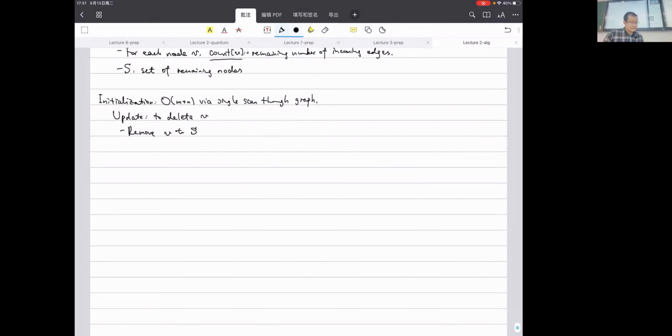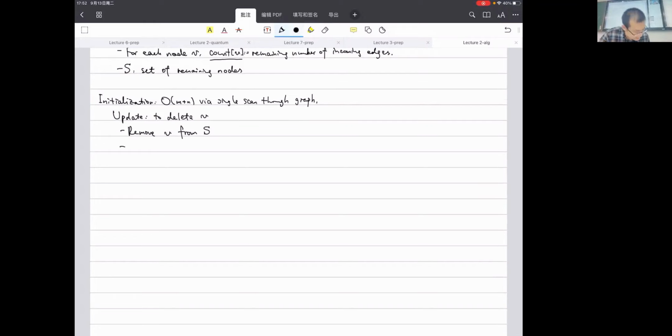So here, we think about what we want to do. Each time we delete a v, because we are deleting it, we need to remove v from S. And after doing that, a very important thing is that we need to make some correction to this array. We are changing the count here.